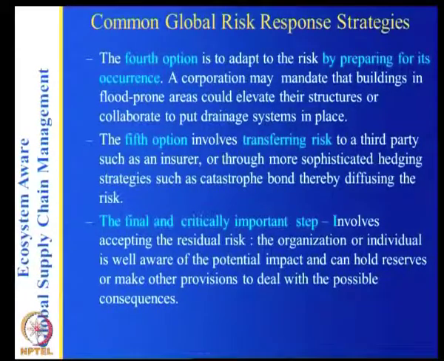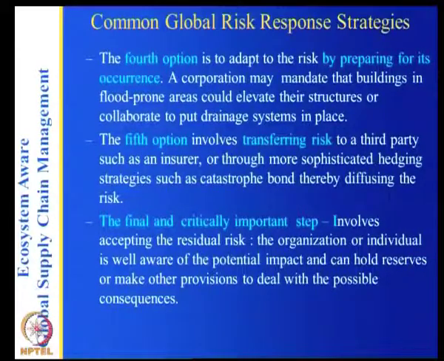In other words, you know the risk is possible, and the organization or individual is well aware of the potential impact and can hold resources or make other provisions to deal with the possible consequences. Either you ignore the risk, say whatever happens, happens, or you say, I am prepared, I will spend this extra money to keep inventories and so on.